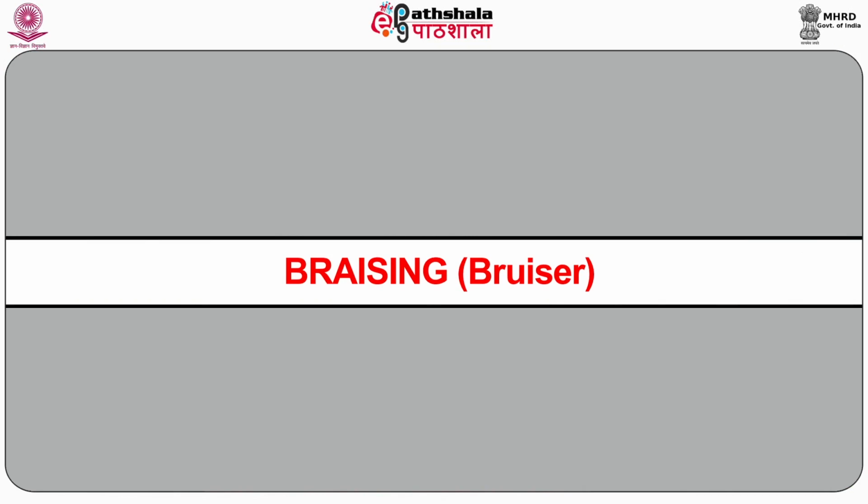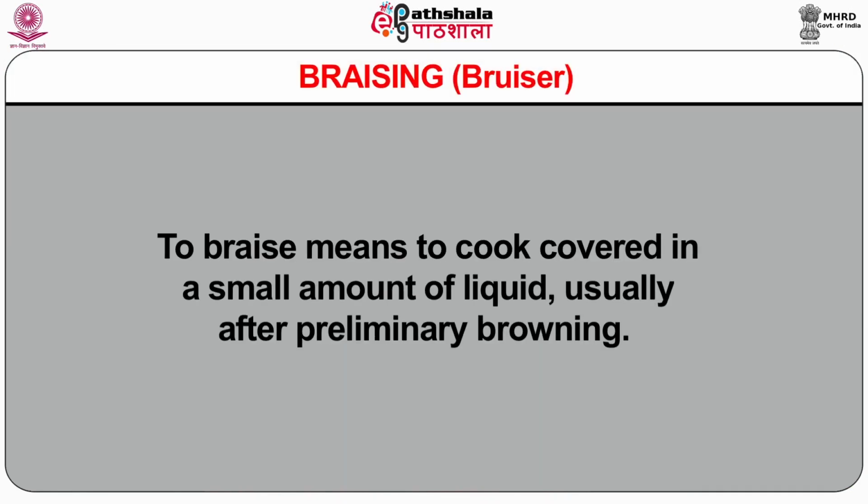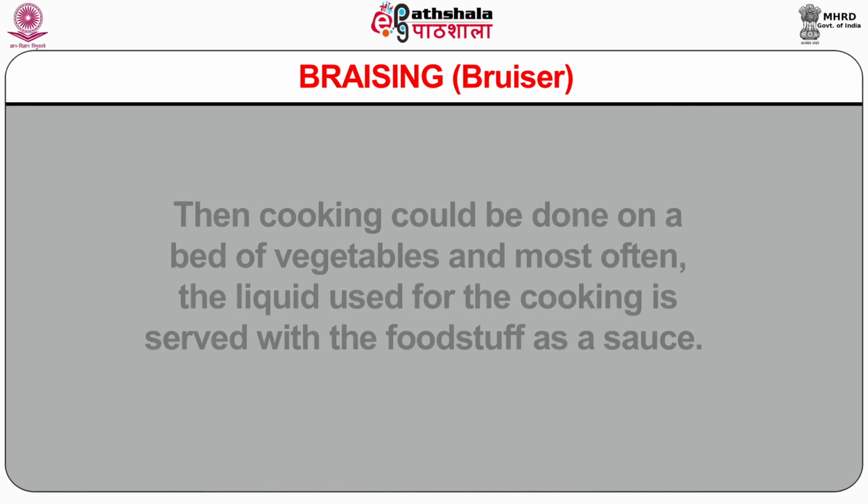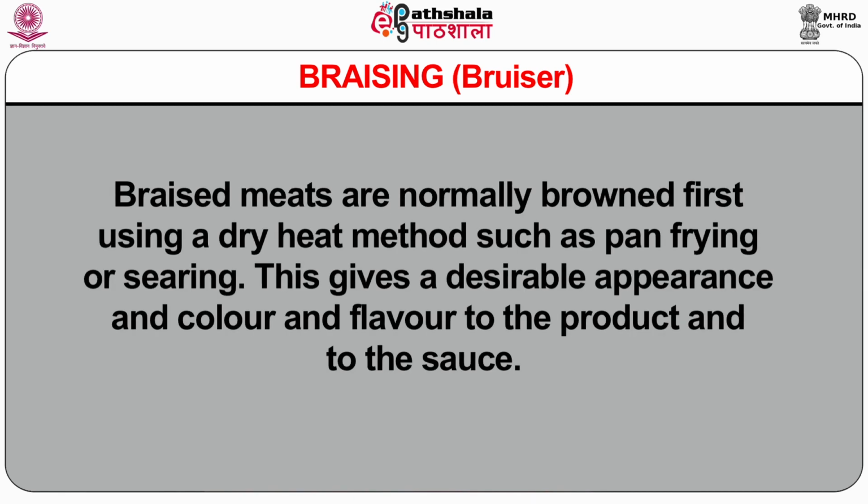Braising, braiser. To braise means to cook covered in a small amount of liquid, usually after preliminary browning. Cooking could be done on a bed of vegetables, and most often the liquid used for cooking is served with the foodstuff as a sauce. Braised meats are normally browned first using a dry heat method such as pan frying or searing.